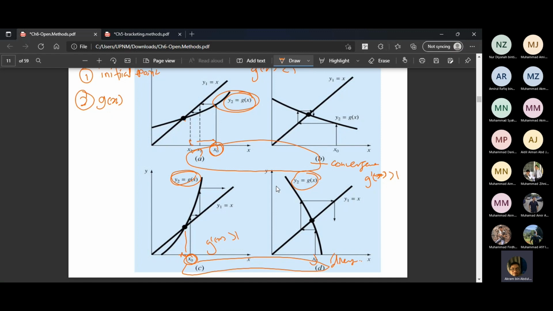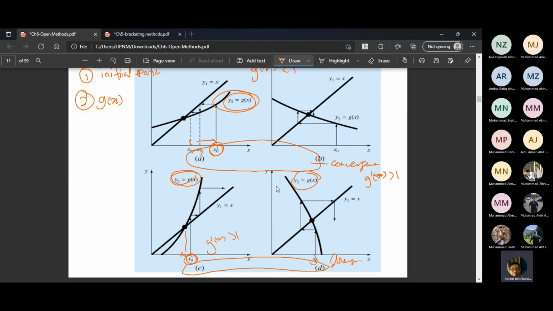In this figure, for figure A and figure B, both examples will converge. When we do fixed point iteration, both will give us convergence, where our next value of x will always go towards the root value.